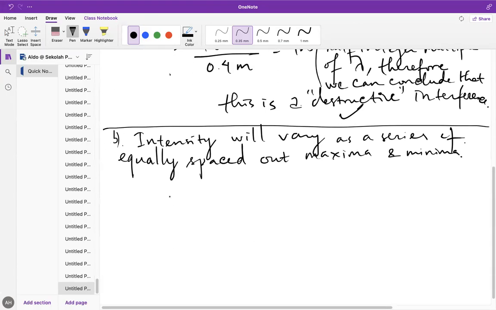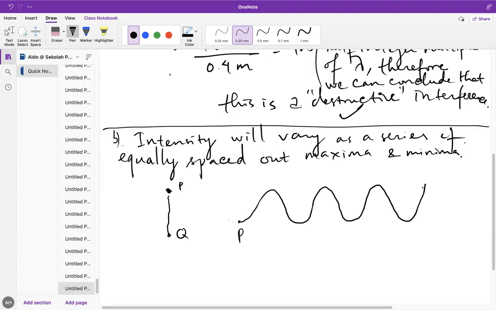As you can see, this is P, and then the microphone moves later to Q. In terms of waves, you start at P with a minimum, and then a series of minima and maxima.